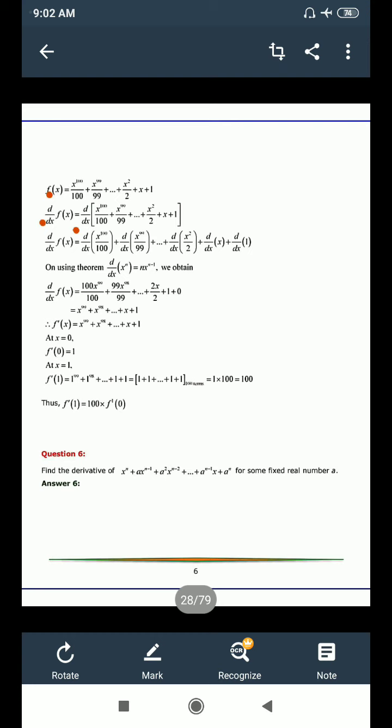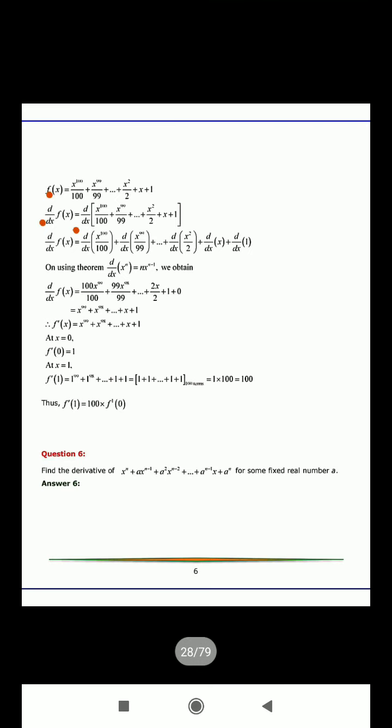On using the theorem d over dx of x raised to power n is equal to n into x raised to power n minus 1, this 1 upon 100 is as it is, and x raised to power 100 differentiation is 100 into x raised to power 99. Similarly, 1 upon 99 is as it is. Differentiation of x raised to power 99 is 99 into x raised to power 98, using this theorem. And so on, we will keep on differentiating.